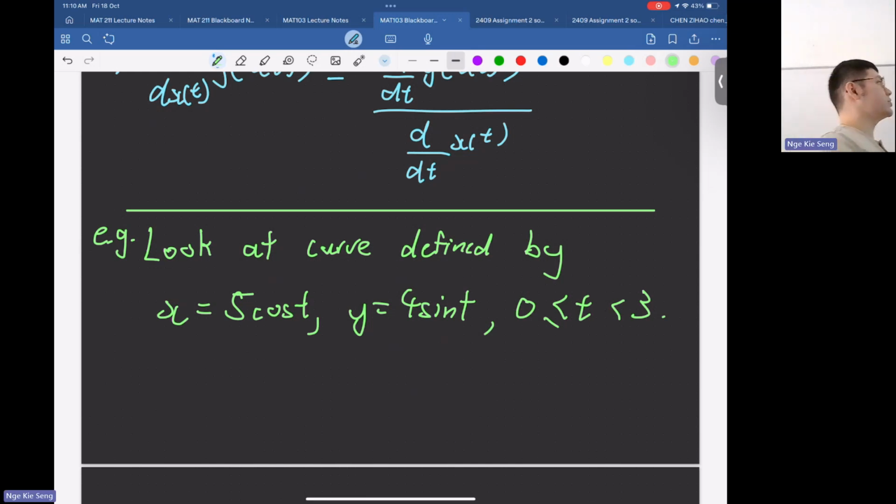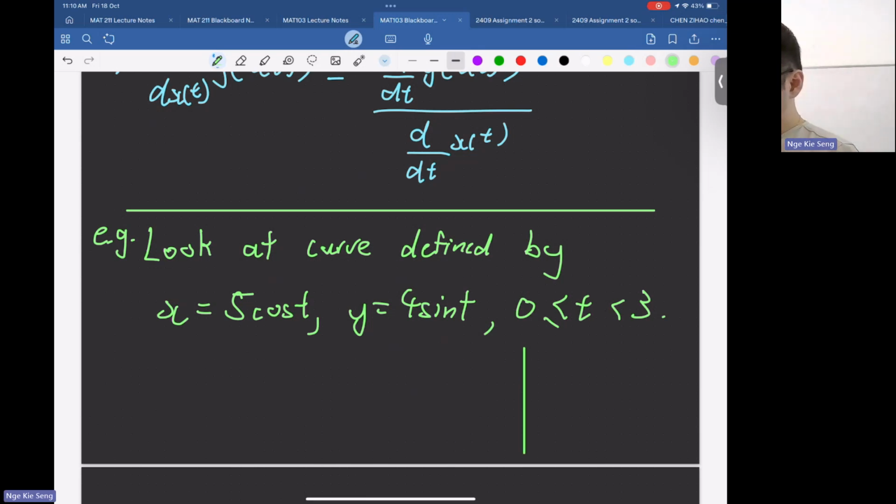Whenever I hand you a curve like this, try and plot it out, just like what I did in the first example. What is it when t equals 0, 1, 2, like that.